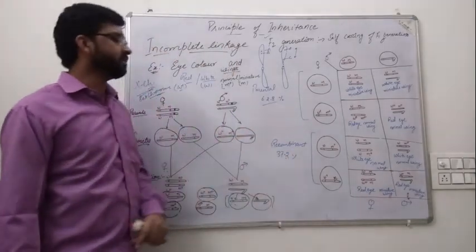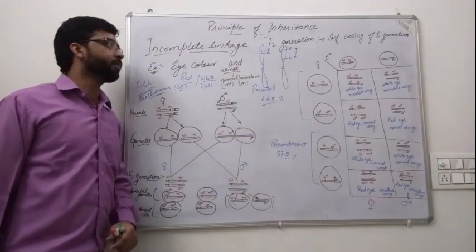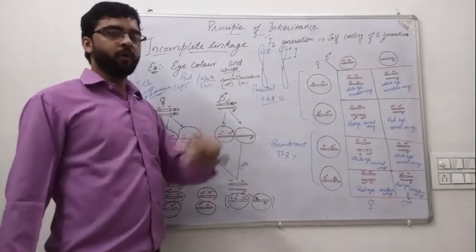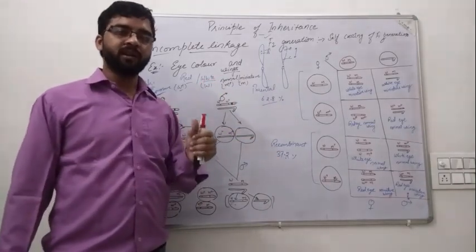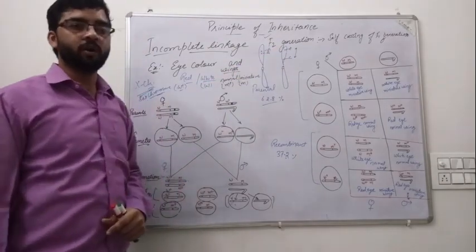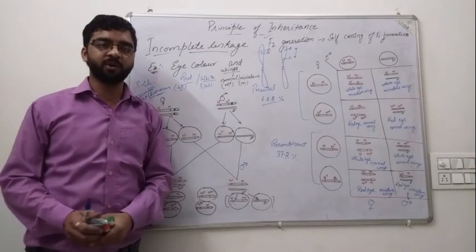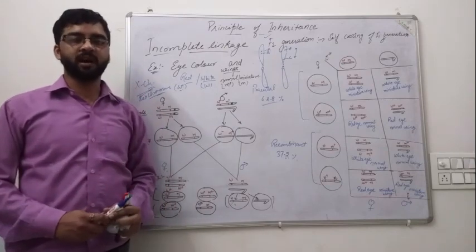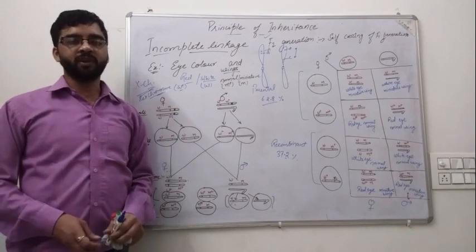The recombinant characteristics are more because the genes are linked on a chromosome with less linkage, means the distance between two genes on a chromosome is more as compared to the other genes. In the next video we will discuss the chromosomal theory of inheritance.